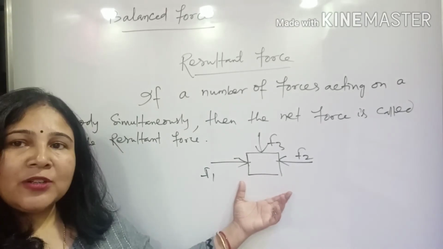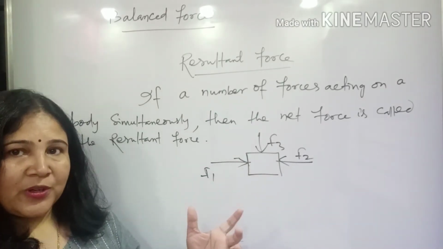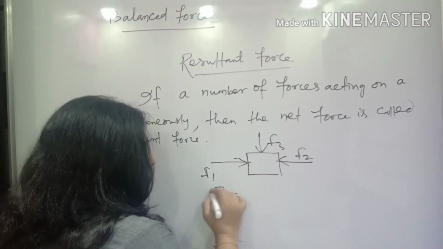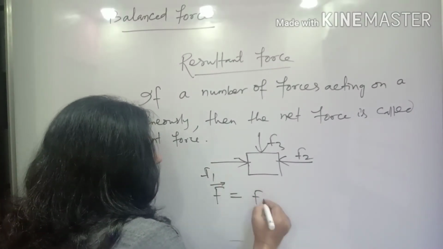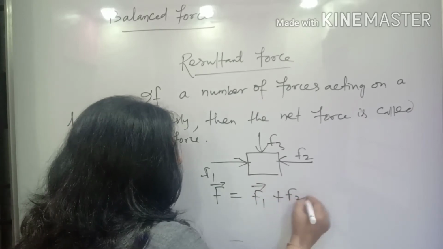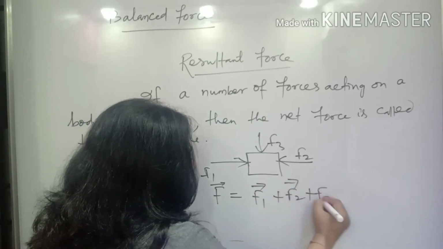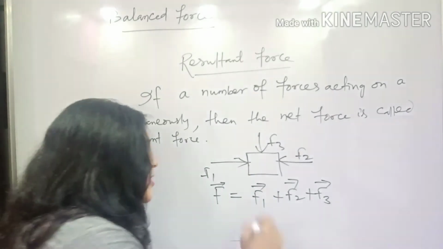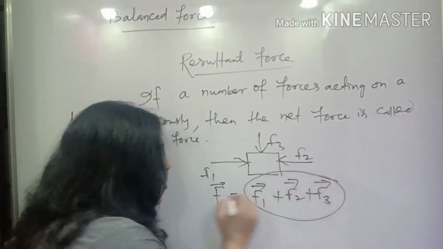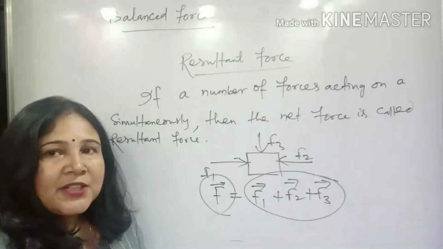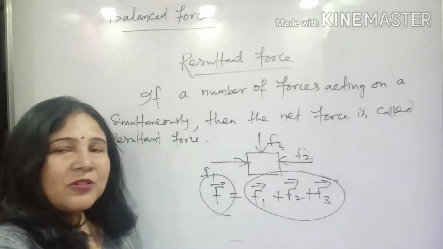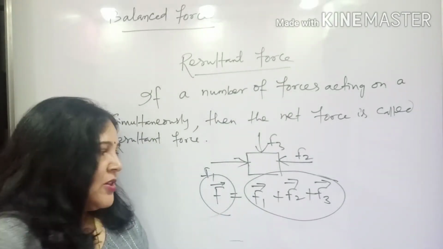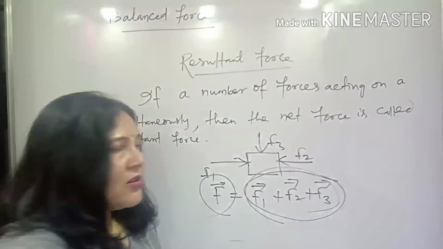When we have to find the net force acting on that body, the net force F in vector form will be F1 vector plus F2 vector plus F3 vector. So we add them by the vector method of addition. The result after adding is called the net force, and that net force is called the resultant force. Don't go into this calculation now; it is not required.